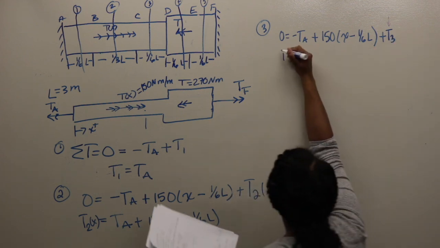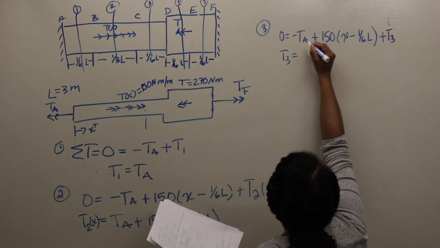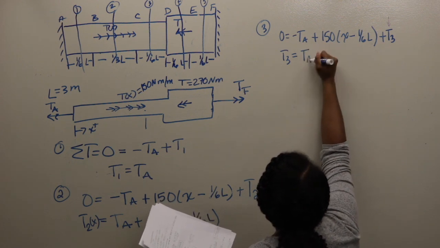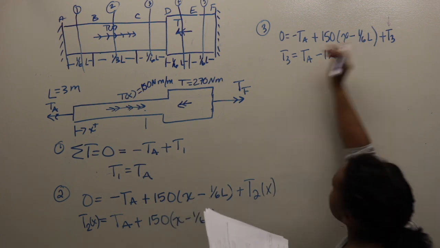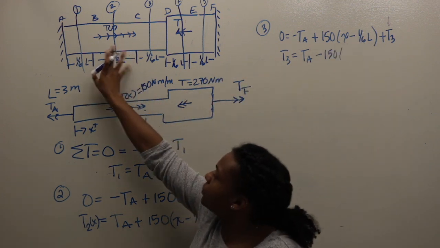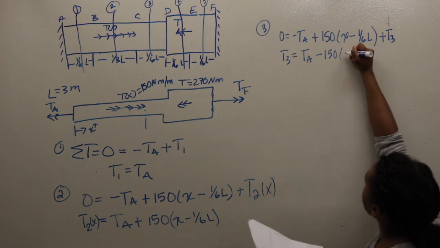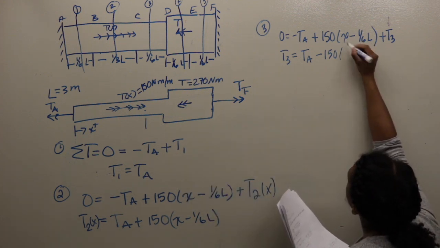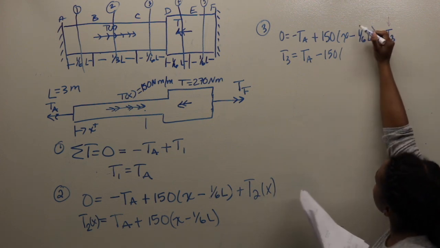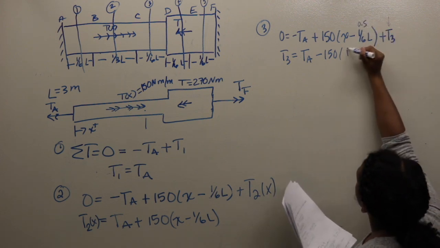So T3 will equal TA minus 150 times, because it's after the distributed is actually x will be 1.5, and then you continue, so x is at 1.5. So if you put 1.5 minus 0.5, this equals 1 actually.